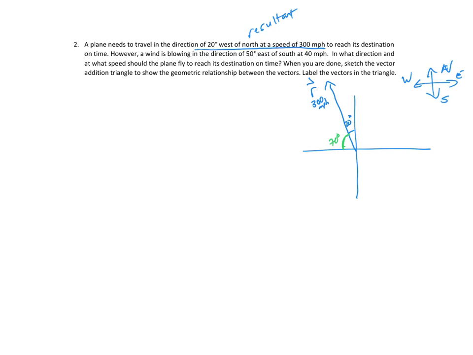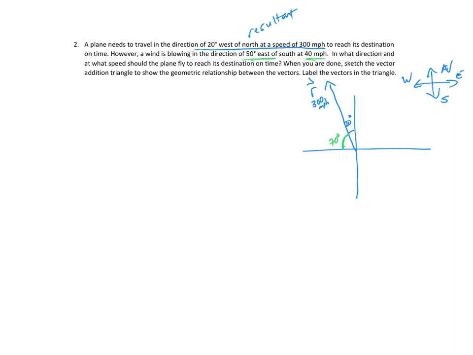We're told that there was a wind blowing in the direction of 50 degrees east of south at 40 miles per hour. So 40 miles per hour is the length. The direction is 50 degrees east of south. So that means we're going to start at south, and then we're going to rotate to the east 50 degrees. So I'm going to draw in a second vector.